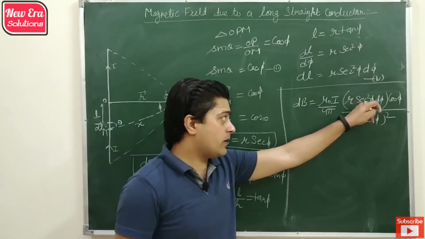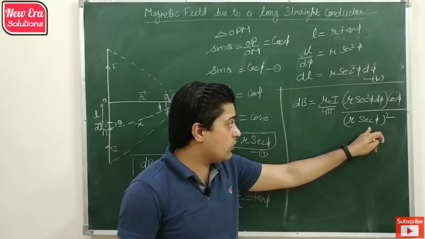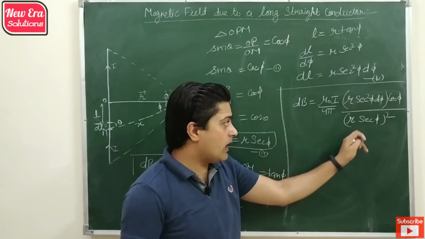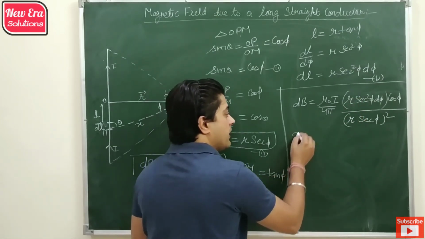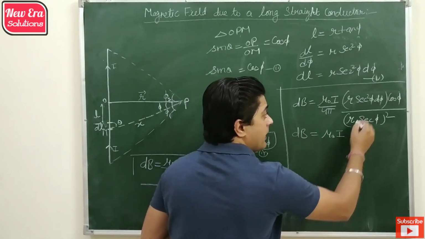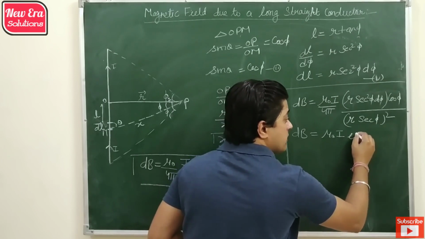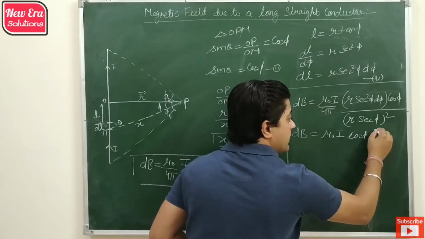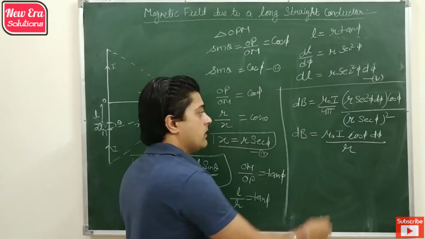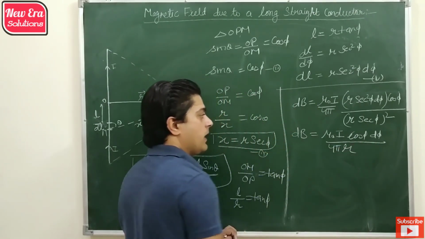So sec square phi cancels out. Here we have r square and then there is r. So one r is cancelled out, and finally we get dB equals mu naught I cos phi d phi by r into 4 pi.